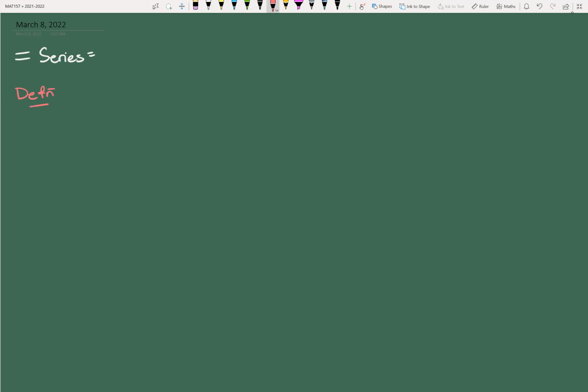So definition: given a sequence a_n, and in this case, I'm actually going to write down what the indices are. Let's start at 0.